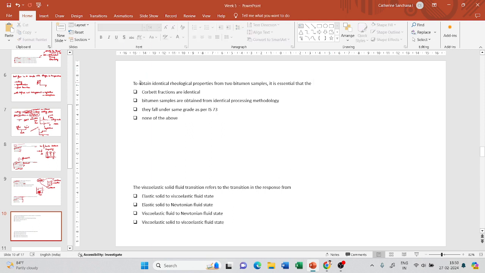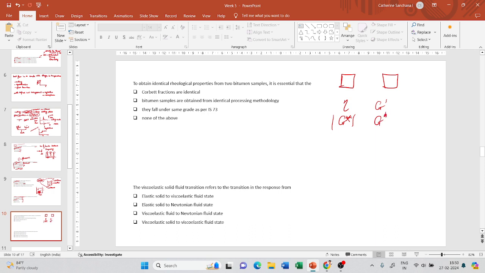Okay. To obtain identical rheological properties from two bitumen samples, it is essential that, for two bitumen samples to have identical rheological properties, what could be the rheological properties? It could be anything. It could be viscosity, it could be complex shear modulus, it could be storage modulus, it could be loss modulus, whatever.